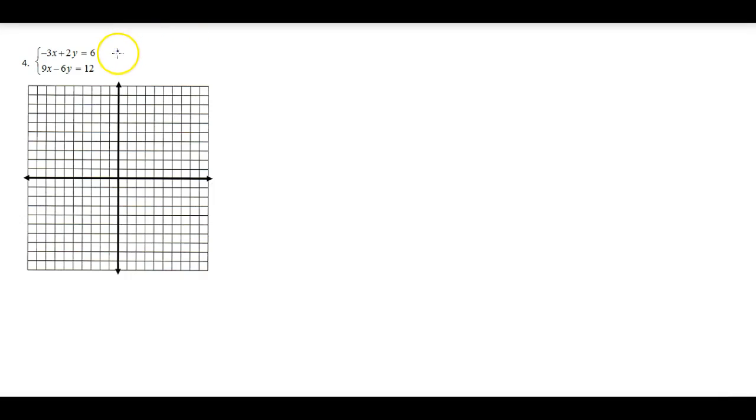If we look here, and I'll write the first one in blue, the slope is minus a divided by b, which is minus our a value, a negative 3, divided by our b, a positive 2. So we have 3 over 2.